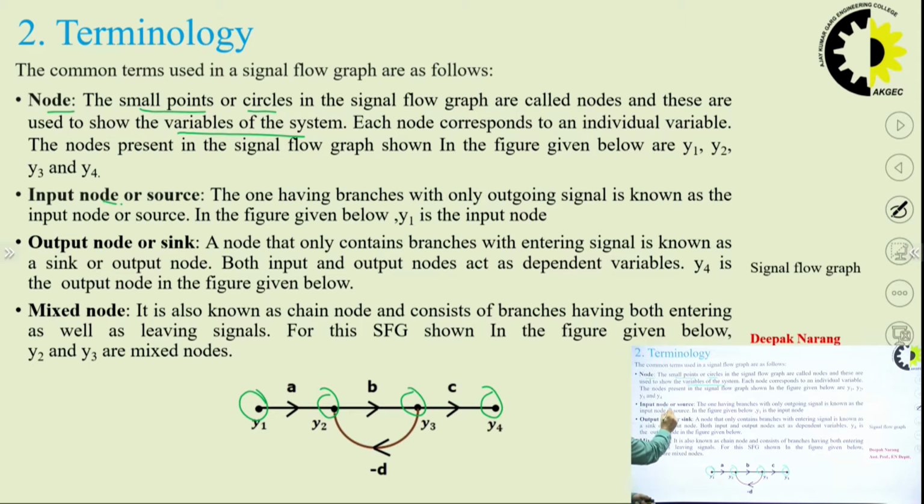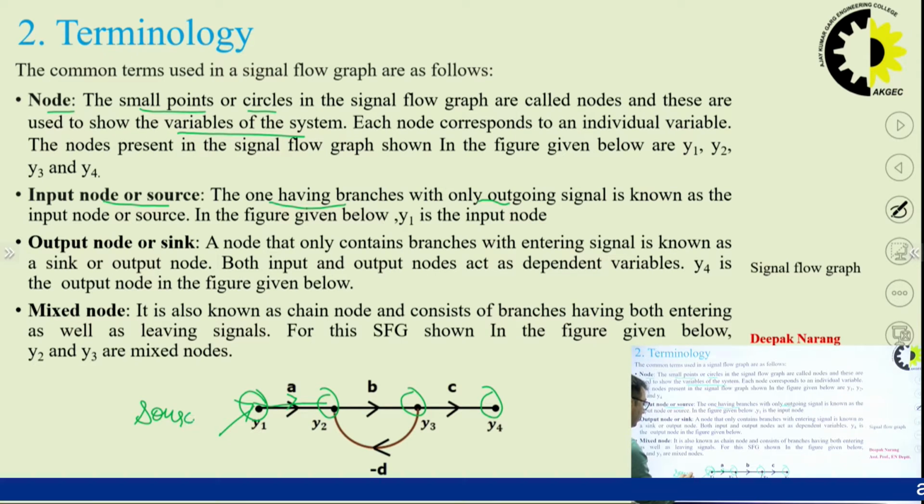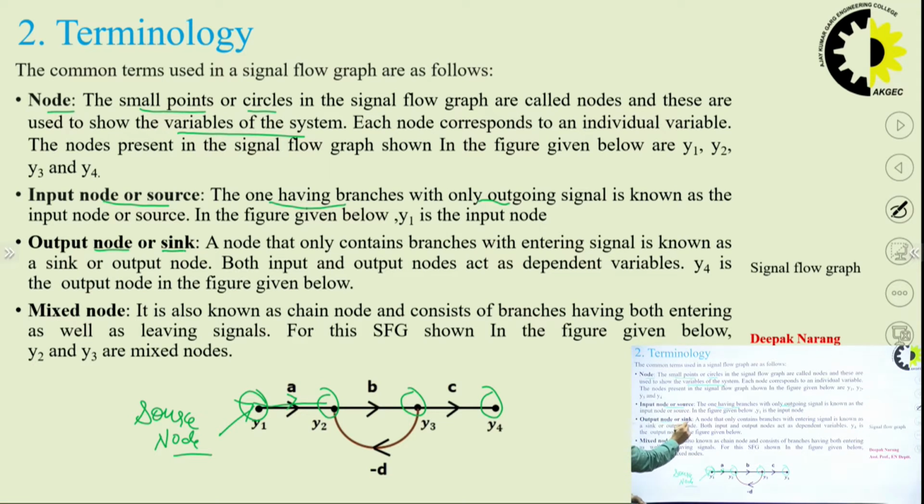Next is, what is input node or source node? This is that node which is having branches only with outgoing signal. For example, this node is having one outgoing signal. This branch is emerging through this node. So this is termed as our source node.